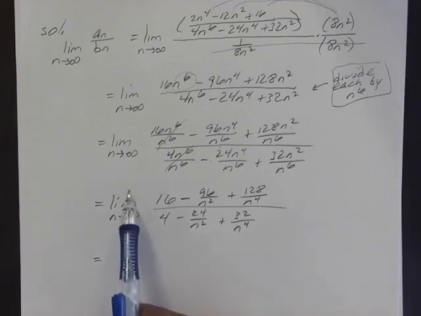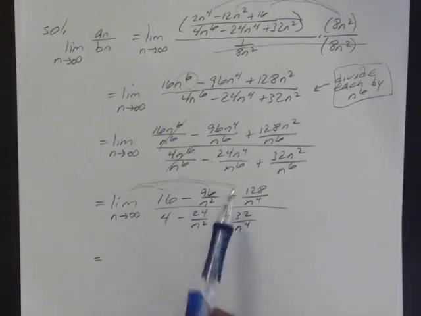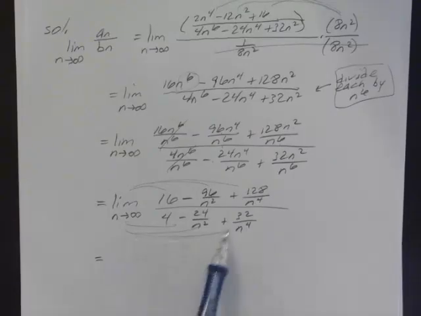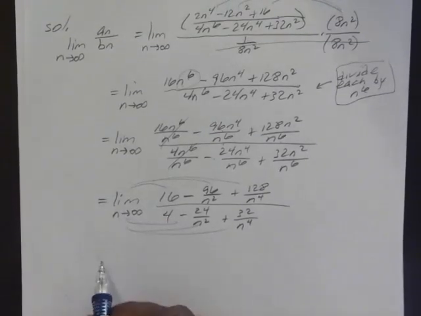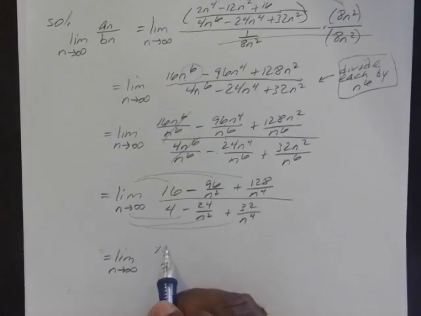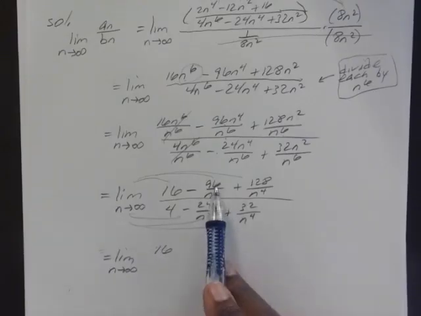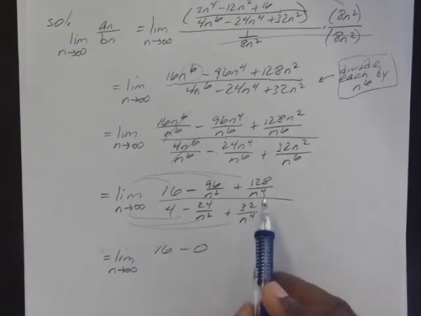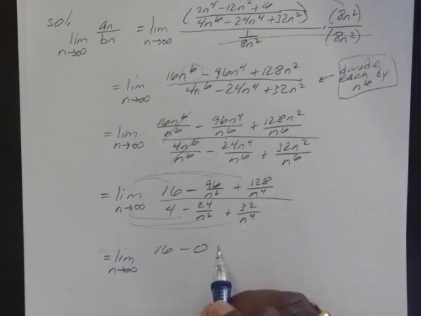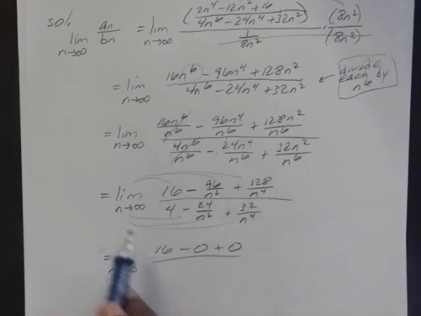So now we take the limit of each term, and move this down a little bit so we have enough room. So we have the limit as n approaches infinity of 16, and the limit of any constant divided by a number getting bigger and bigger is always going to be 0. So a constant divided by a number getting infinitely bigger is 0.